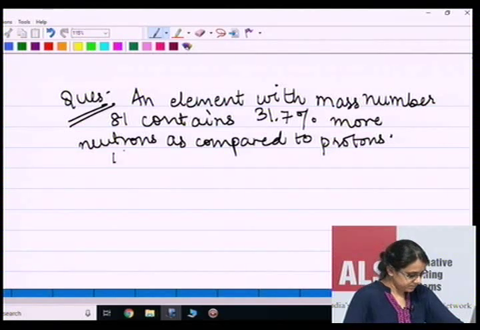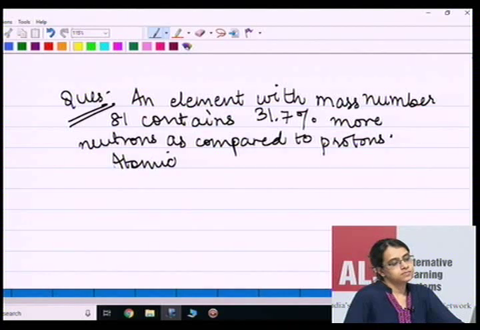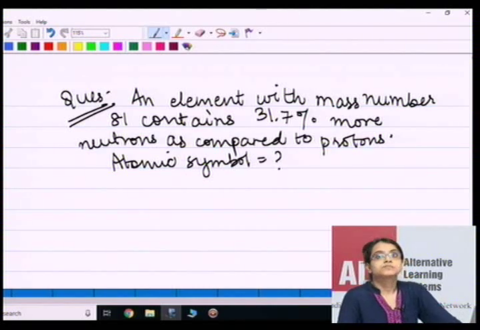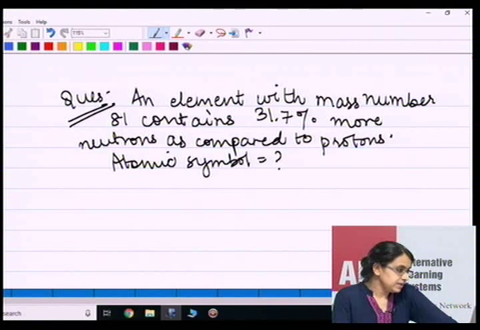What is the atomic symbol of this element? So you have to assign an atomic symbol to this element. Okay, so an element with mass number 81 contains 31.7% more neutrons as compared to protons. Assign an atomic symbol to this element.